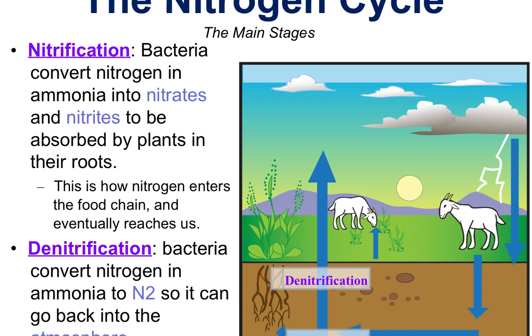This is how nitrogen will enter the food chain, and it'll eventually reach us and other animals once we eat those plants. Denitrification is when the bacteria convert the nitrogen in ammonia back into N2 gas so that it can go back into the atmosphere.